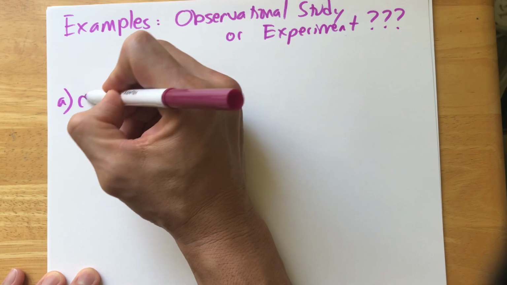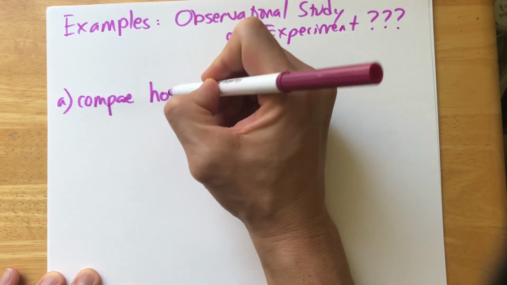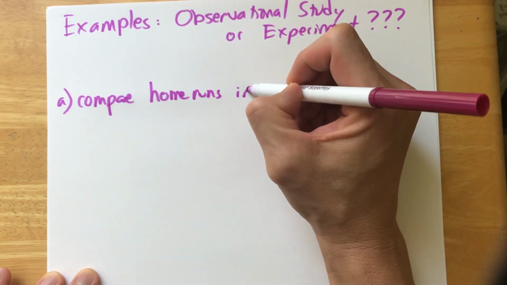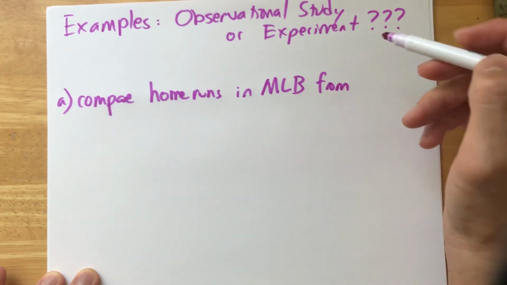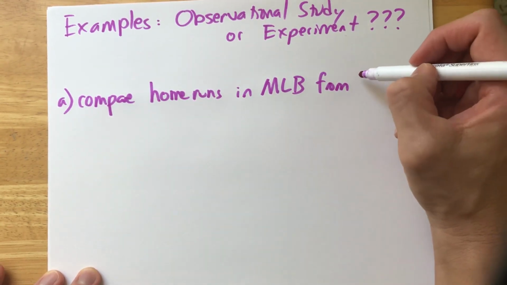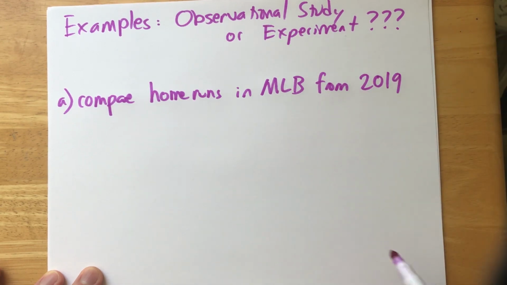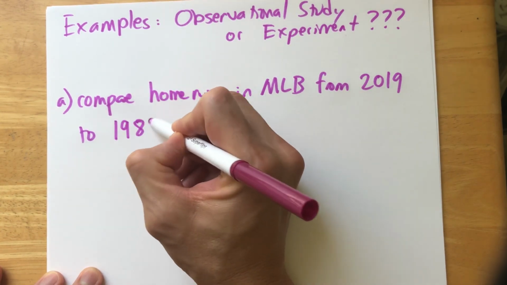Let's say I wanted to compare home runs in Major League Baseball from, let's say, since 2019, since that was the last full season, to, let's say, I don't know, we'll say 1980.